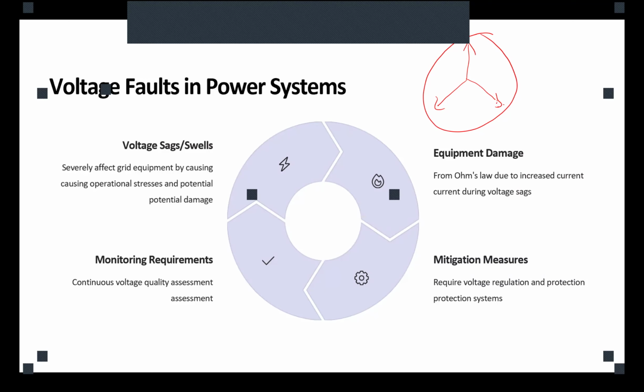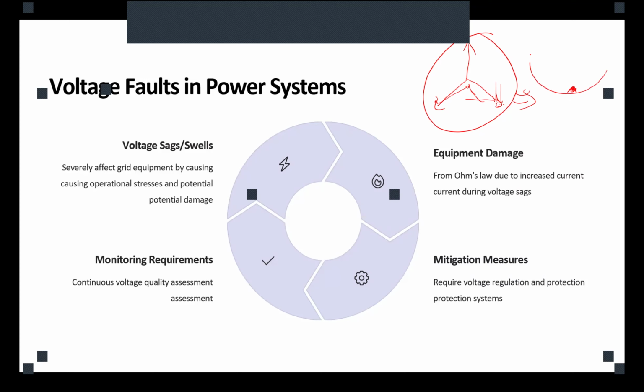If two of them get connected to the ground, so we have a fault, what happens is that now the two phases are here, but the amplitude, the circle, remains solid.